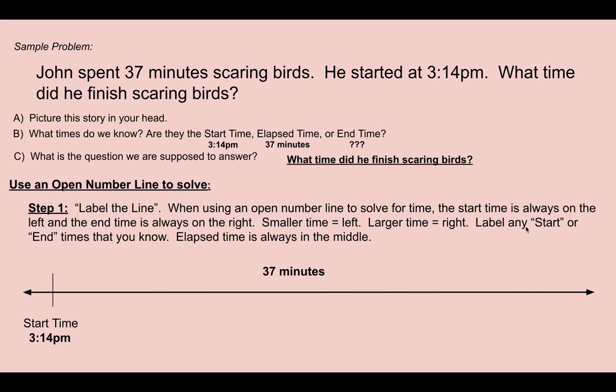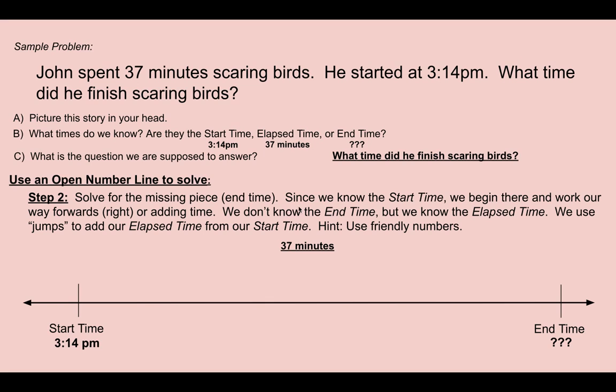And since our end time is always on the right, we're going to put at the end of our open number line some question marks. So now that we've set up our open number line, we have a start time of 3:14. We don't know our end time. We have to figure out 37 minutes in here to find our end time. So let's go ahead and try to solve this together.